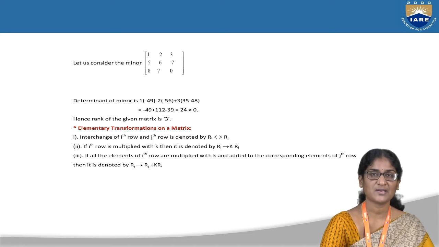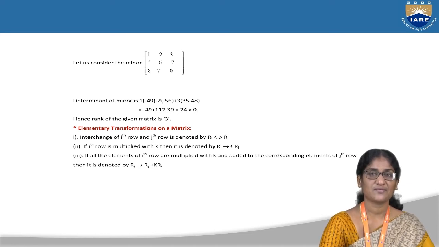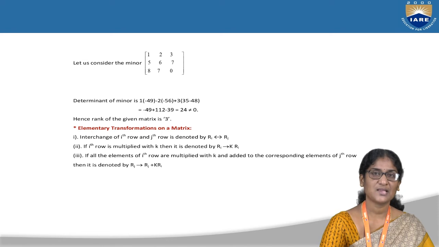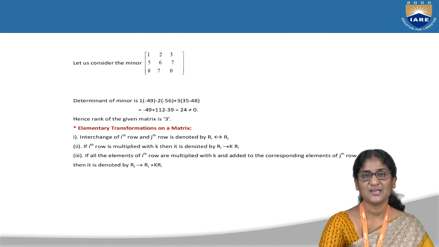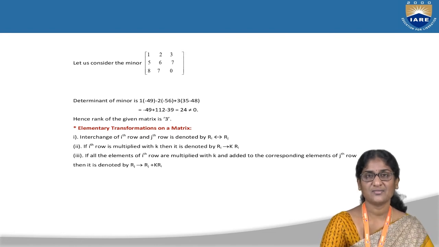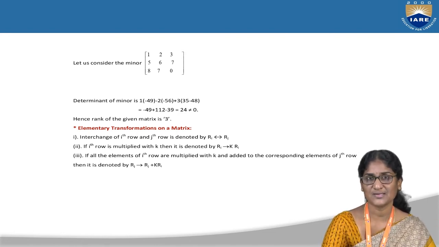But it's very tough. As the order of the given matrix increases, finding the determinant becomes very tough. Therefore, this method of finding the rank by using determinants is very difficult if the order of the given matrix keeps increasing, right?